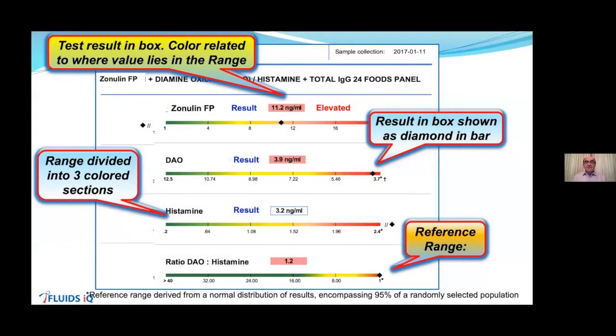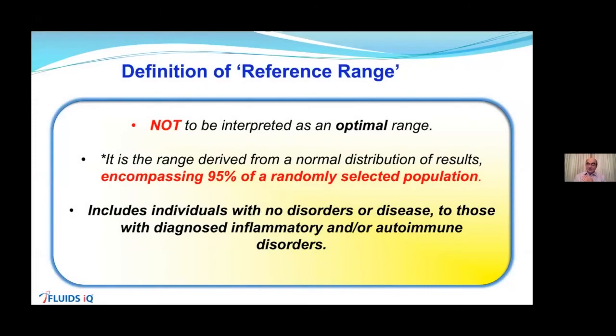And you take a look, we give you the various elements here. Here you see zonulin, again, DAO, histamine. We tell you what the result is in the box. Where does it sit in the horizontal bar, which tells you where it is within the reference range. And that gives you a very quick idea of where that individual is.